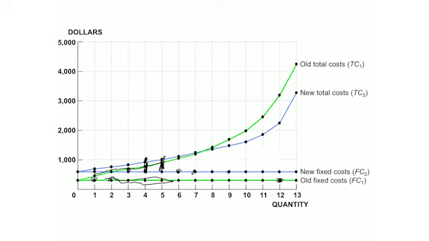So you can see the difference there between the flat blue line and the blue line that's increasing. And that difference is the variable cost, and we add that variable cost to fixed costs and we get total cost. And we're representing that as new because it's an expanded, larger, newer firm.